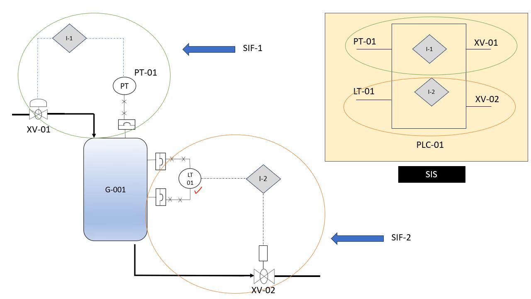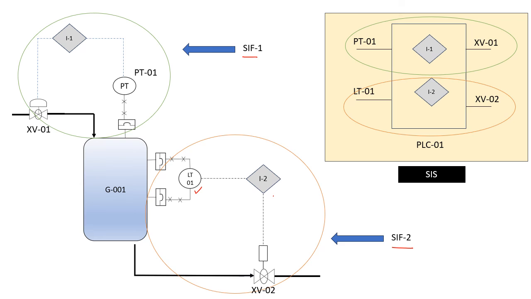It is protecting the downstream system from gas carryover or other things. So it is protecting against a hazard. So this LT, this logic solver and this XB02 again constitute another SIF. Consider this SIF as SIF2 and we have the earlier pressure loop SIF, that is SIF1.